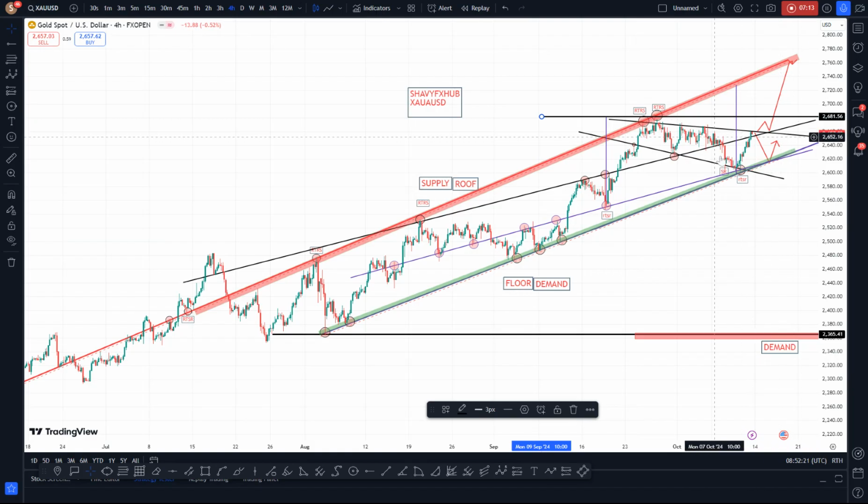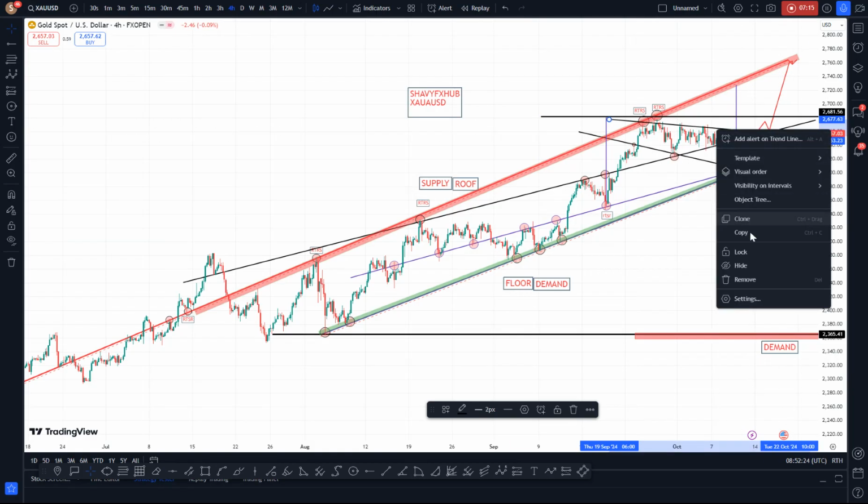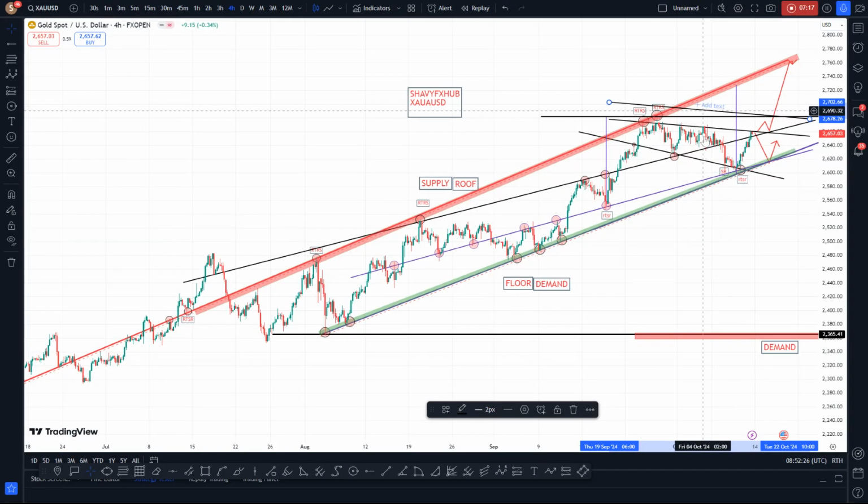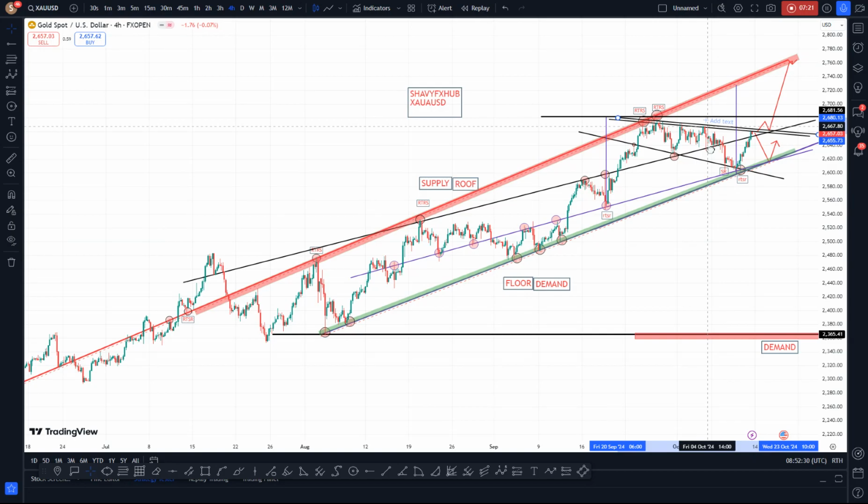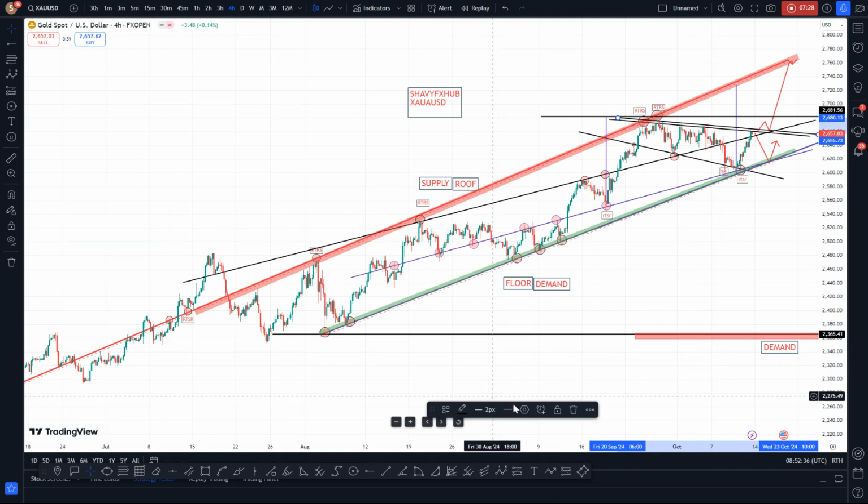So like I said, if we fail to break this level, then we are heading for a heavy sell drop, which might target below the 2,600 level for a liquidity grab for another uptick.